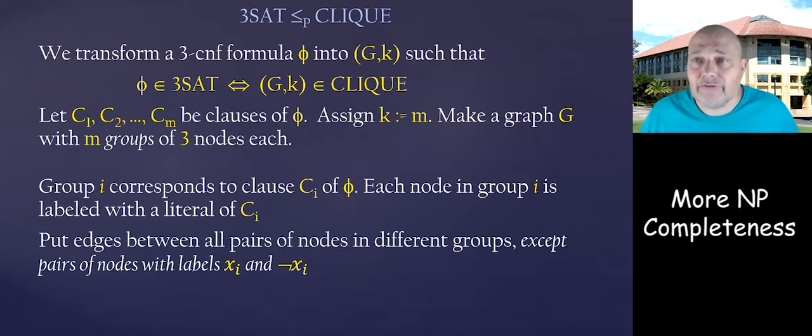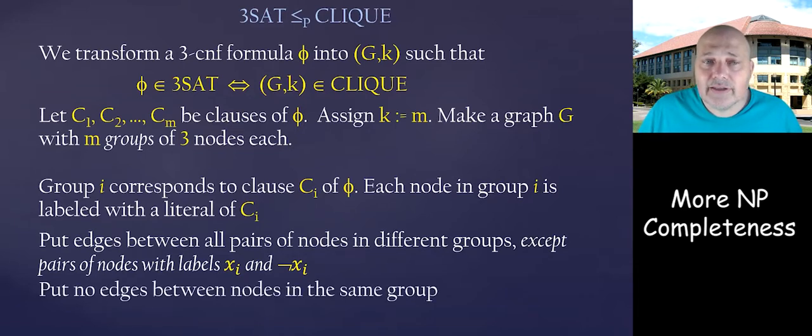So if we have one that is labeled xi and one that is labeled not xi, we're not going to connect them. In a sense, when there is an edge, it means that there is an assignment that satisfies both literals. And there is no assignment that satisfies both xi and not xi. And as I said, you put no edges between nodes in the same group.